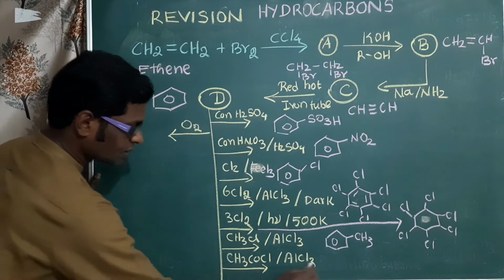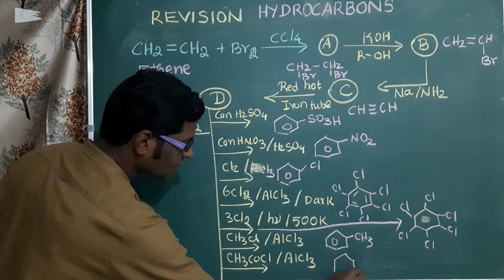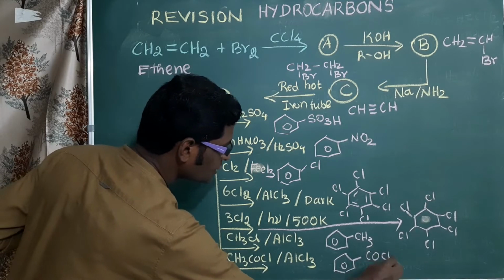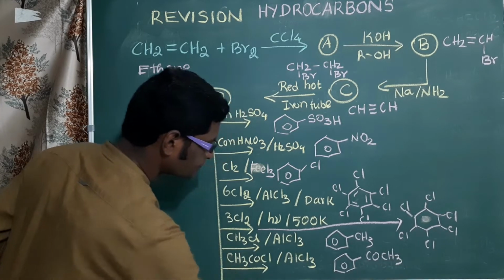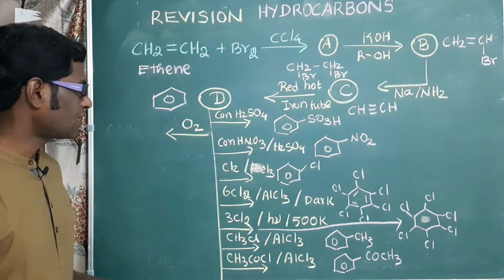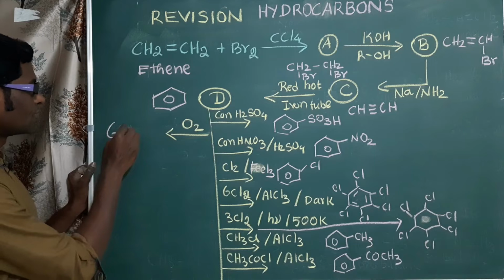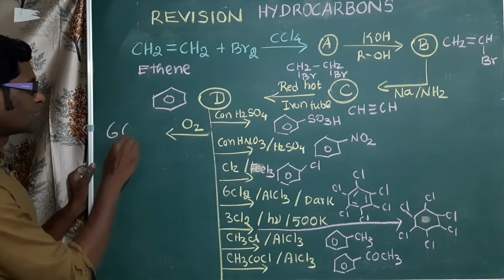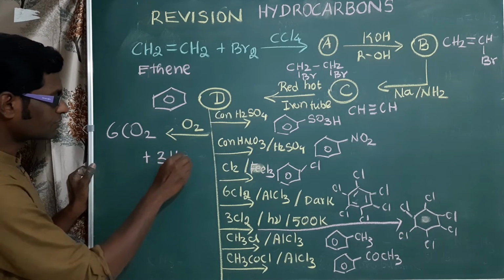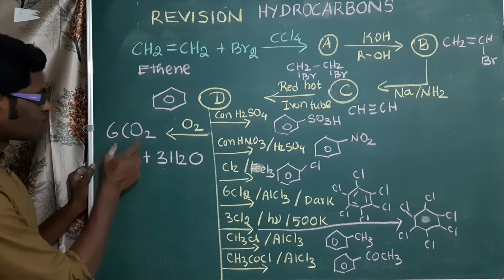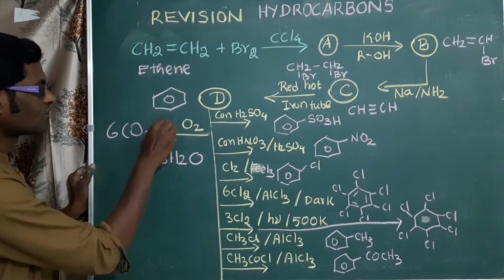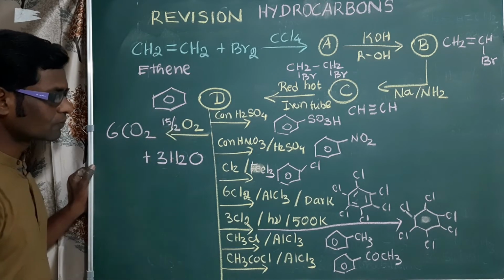Benzene treated with acetyl chloride in the presence of anhydrous aluminum chloride gives acetophenone. When benzene is ignited in the presence of air, we will get carbon dioxide and water. Benzene contains 6 carbon atoms, so we will get 6 CO2, and 6 hydrogen atoms give 3 H2O. Total number of oxygen is 6 into 2, 12, plus 3, 15. So 15 by 2 O2.